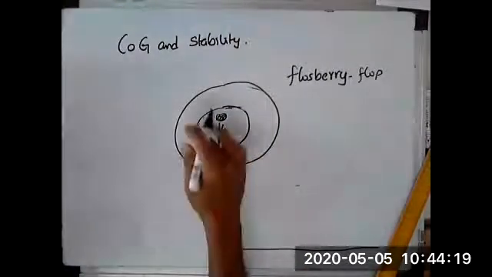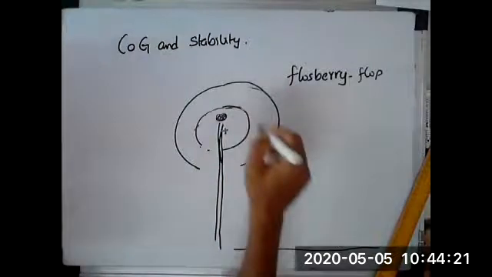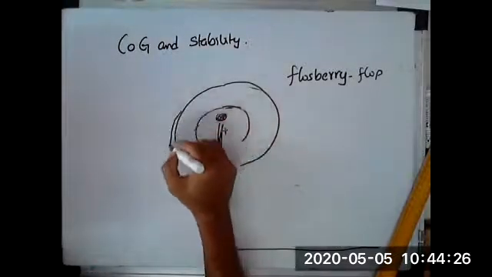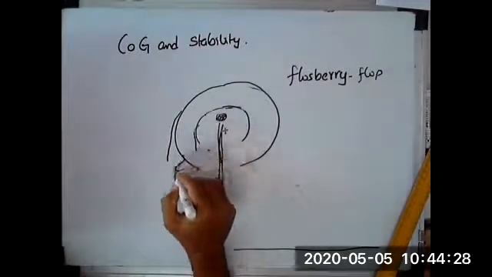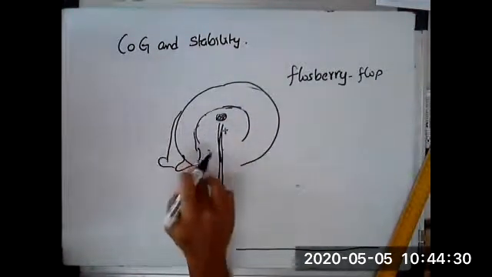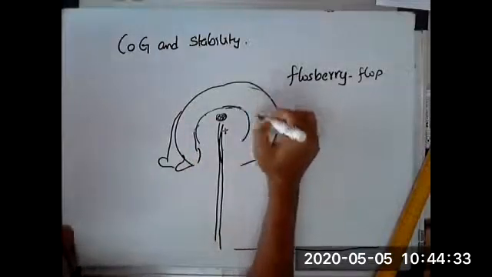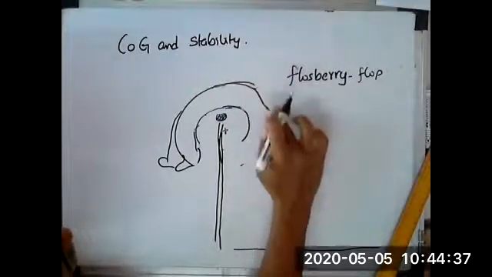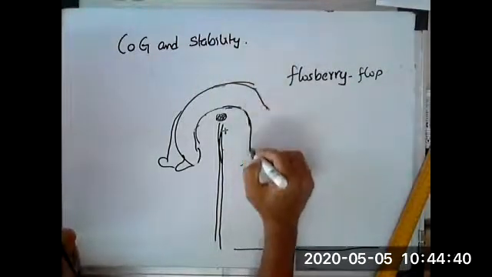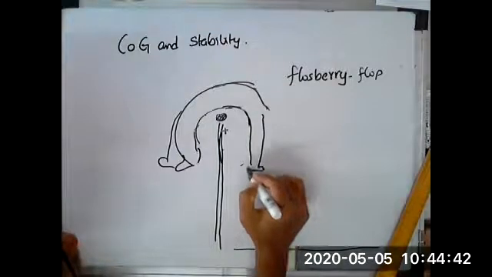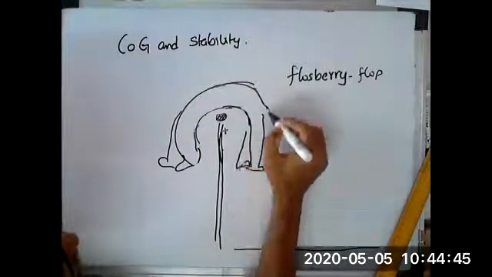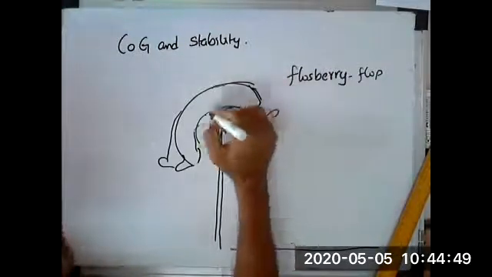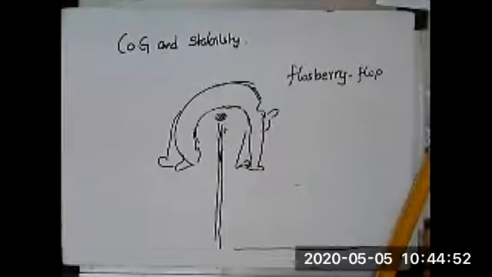Of course you can't make your body into a ring, you can't at least contort yourself into that much of a shape. So what he figured out was, if you can just about contort your body in such a manner, and I'm going to change the shape a little bit, and let's say that's him, and that's a Flossberry flop.